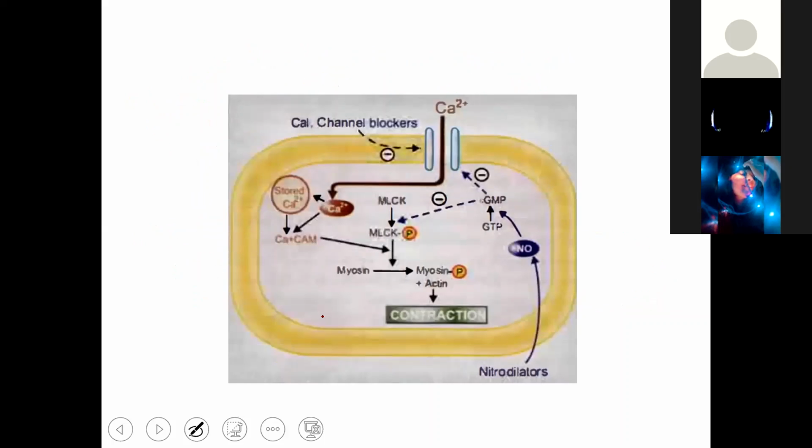You see here, when myosin light chain kinase is activated, it becomes myosin light chain kinase phosphate, and along with calcium and calmodulin, together they convert myosin to myosin phosphate. Once myosin phosphate is formed, it can interact with actin, and they glide over each other and cause contraction. This is how calcium and MLCK activation cause smooth muscle contraction.